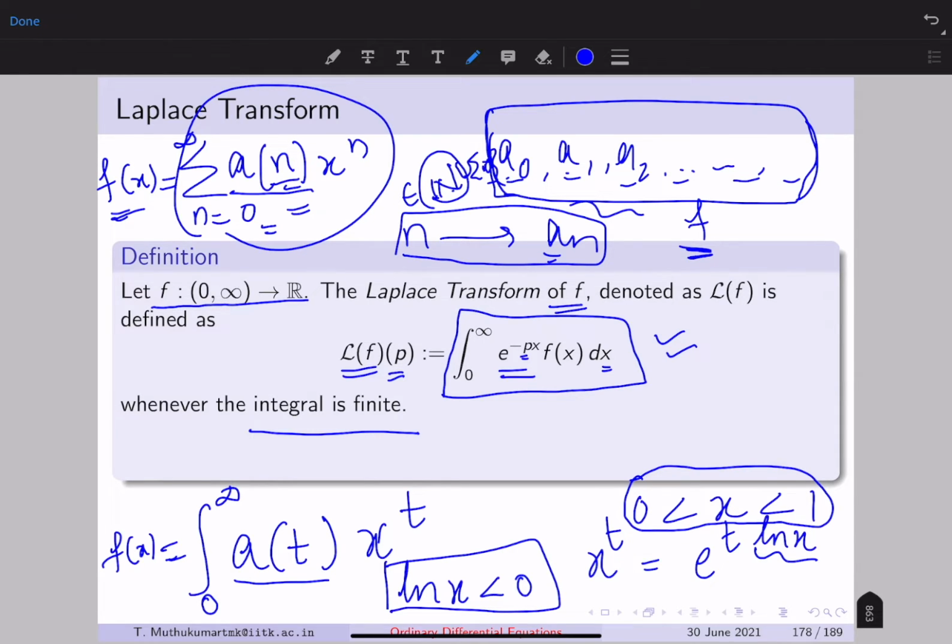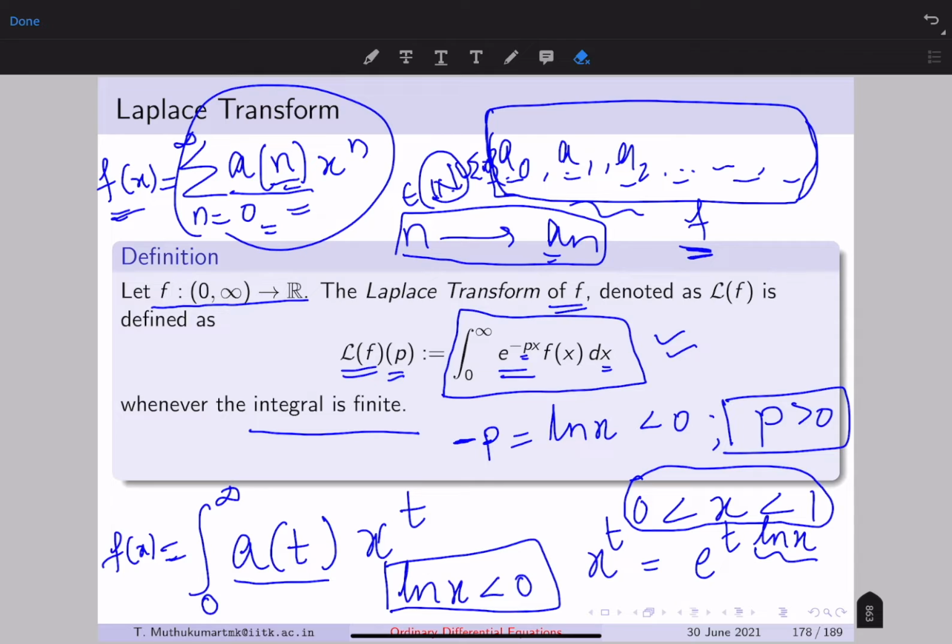Which means if I choose p to be log x, which is negative, then minus p is positive, and that's what we have done here. We replace this log x by minus p. Let's choose this as minus p, so that p is positive.